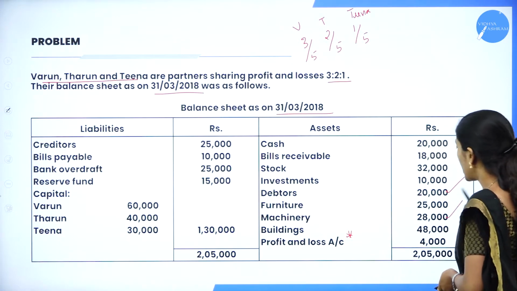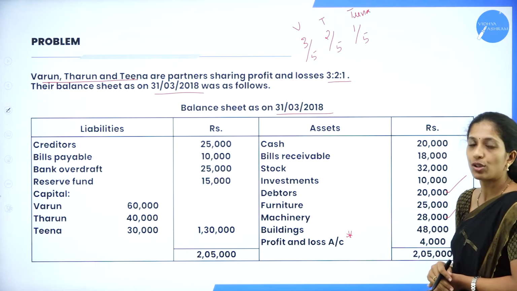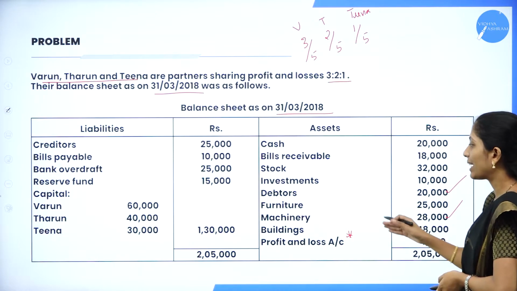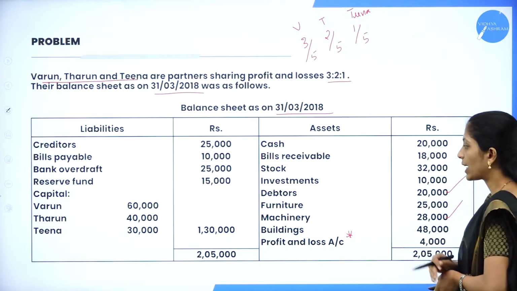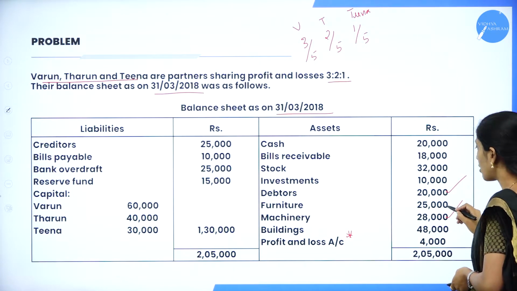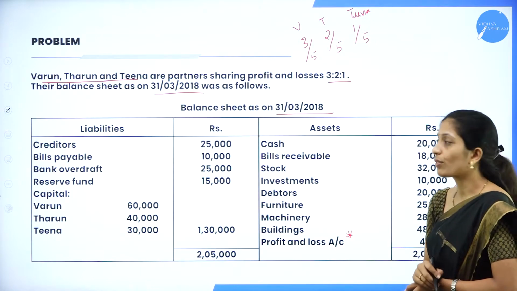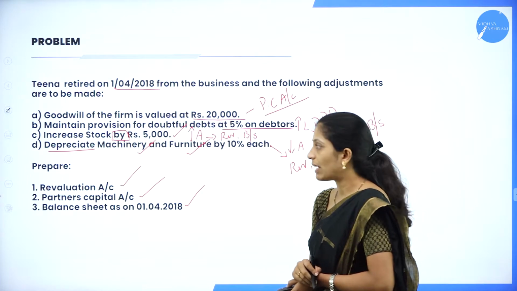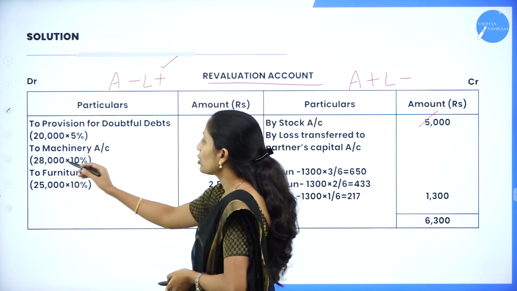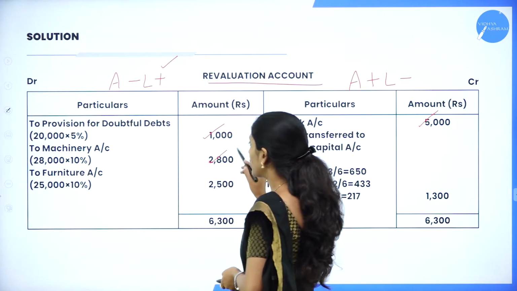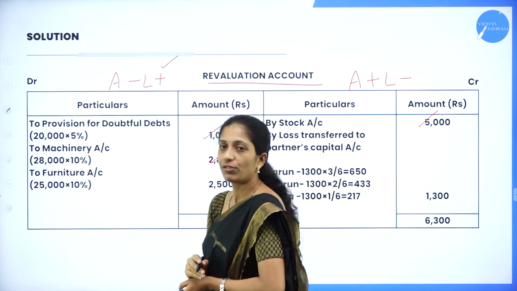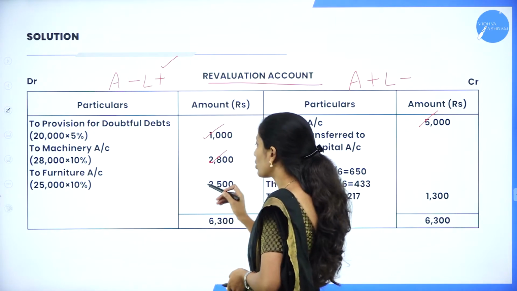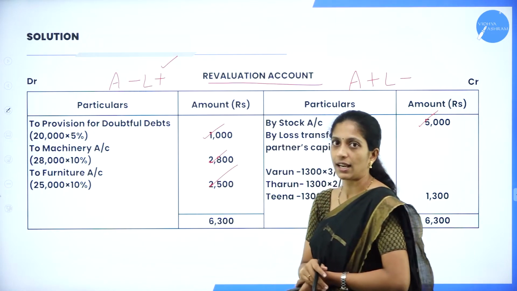That is 28,000. So 28,000 into 10 divided by 100 will give the depreciation on machinery. In the same way, how much is furniture? 25,000. So 25,000 into 10 divided by 100. So machinery 28,000 into 10% will give 2,800. In the same way, furniture 25,000 into 10% will give 2,500.